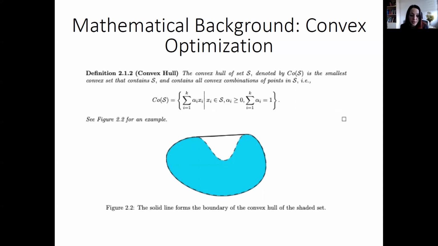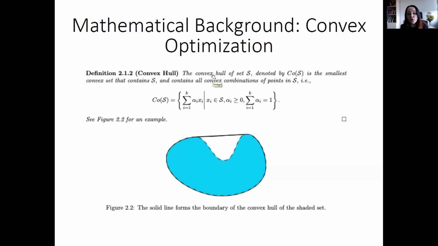So in such a case, there is a way to convexify the set by including the minimum set of points that bring the result to a convex form. And we call the resulting set a convex hull.